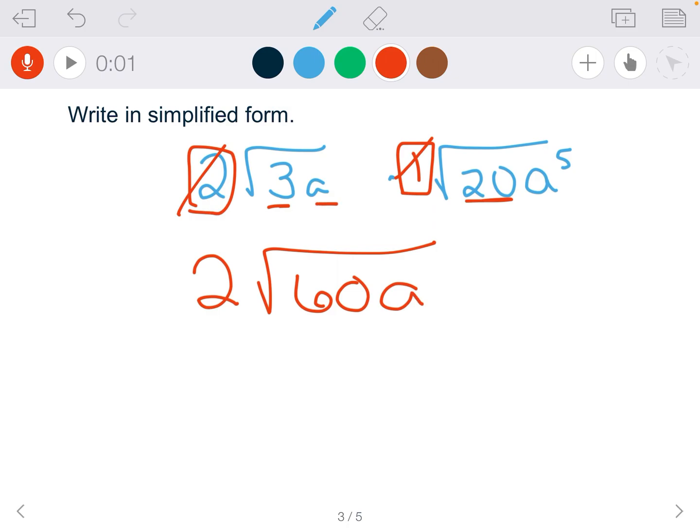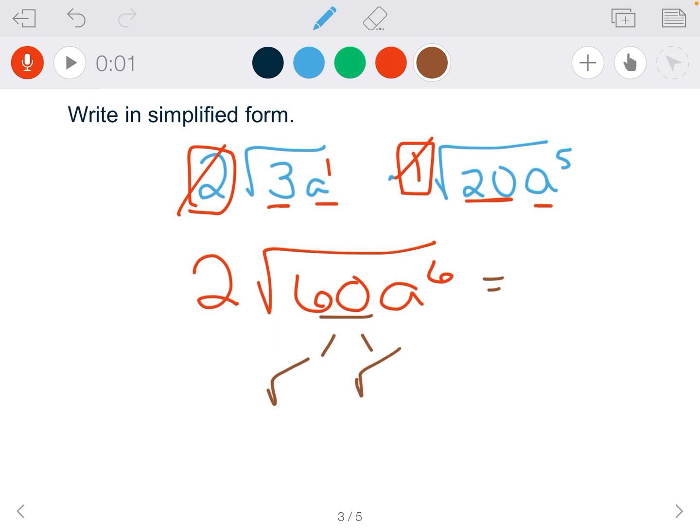Remember the exponent rules. You're multiplying the same base, so you add exponents. So this is a to the 6th. I need to continue to simplify it, first by doing my 60.